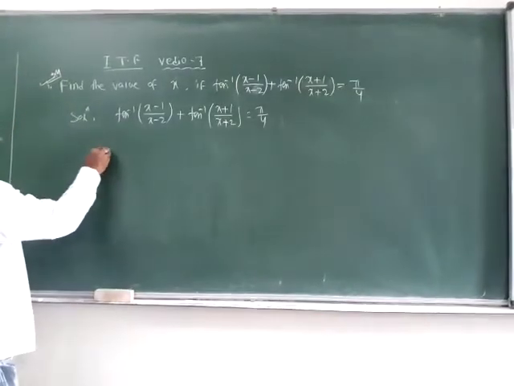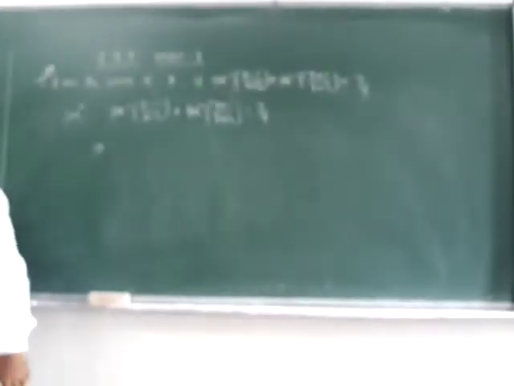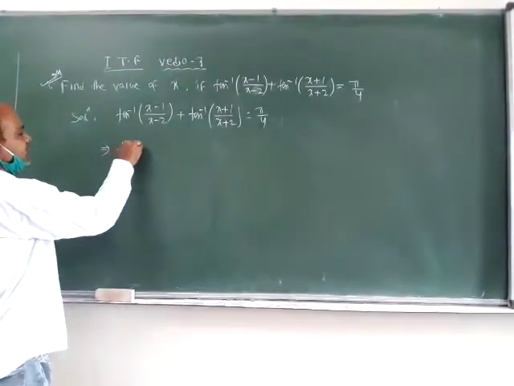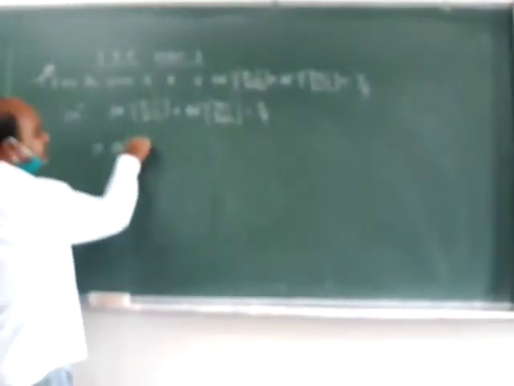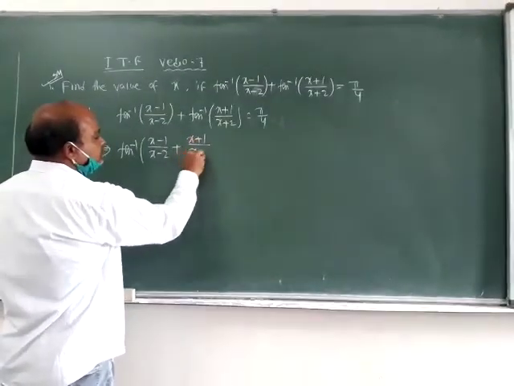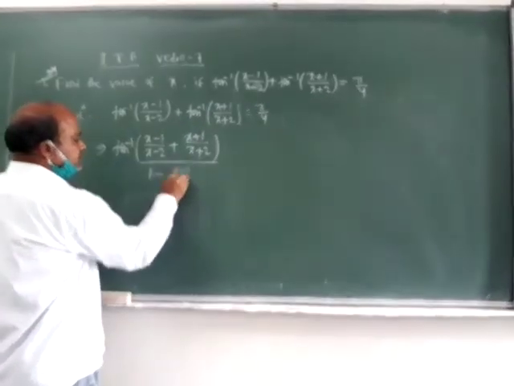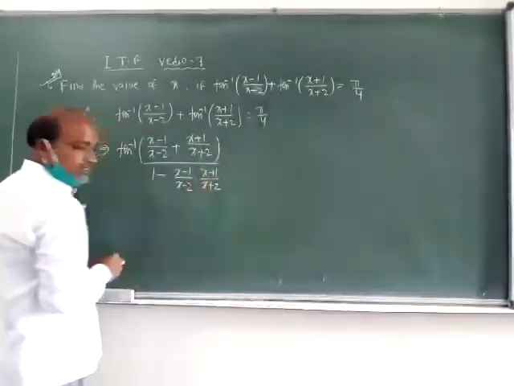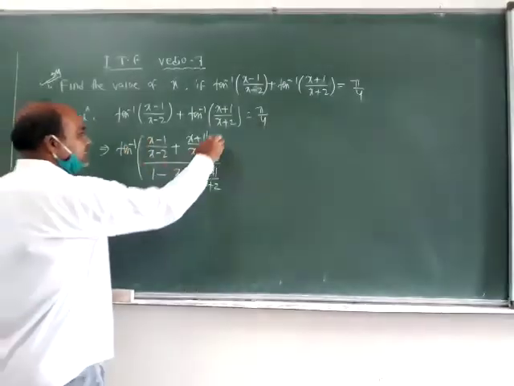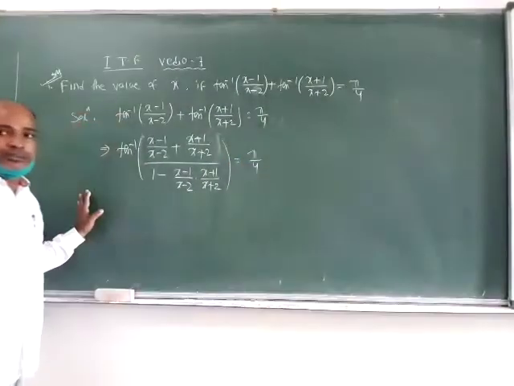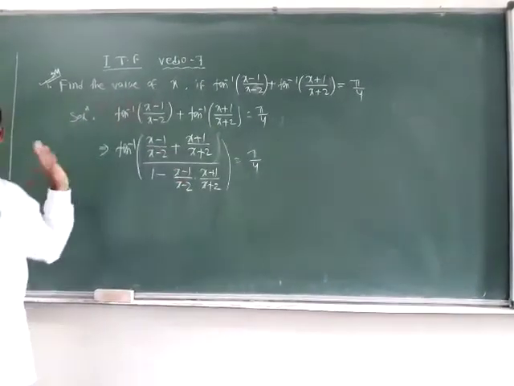You know the formula: tan inverse of (x plus y) upon (1 minus x into y). You have to know this formula, and don't forget to write the RHS side as pi by 4, because you are taking this condition for finding the value of x.